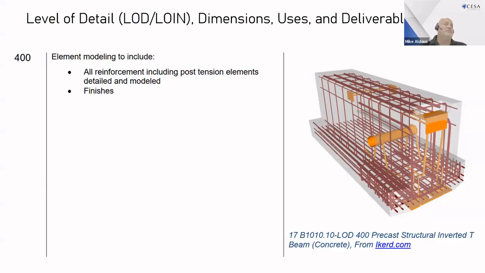And then we look at LOD 500, and LOD 500 essentially is the as-built documentation that's handed over at the end of the project. And this can often take the form of different levels of detail, but is typically referred to as 500 as part of the handover documentation.